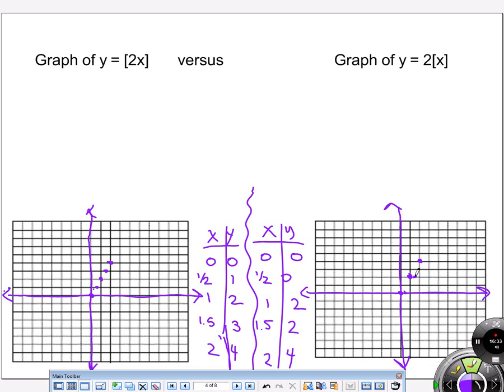So you could even go a step further and plug something in between. Like what happens when I plug in 1/4? What is 1/4 times 2? 1/2. And what does 1/2 get rounded to? 0. Remember, it can't pass up itself. So at 1/4 I would still be at 0.